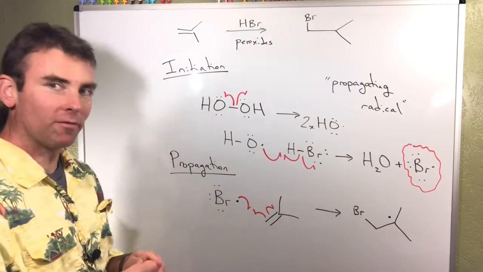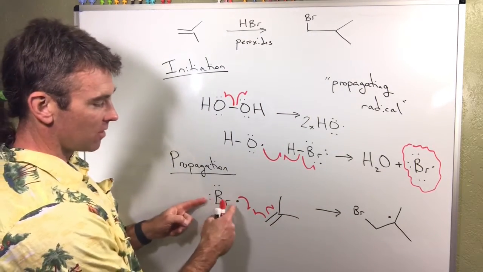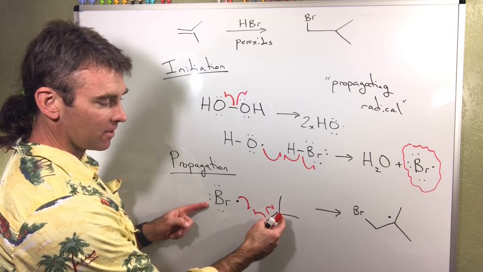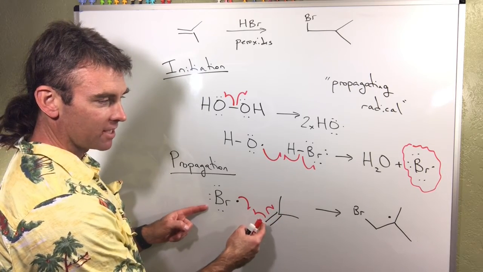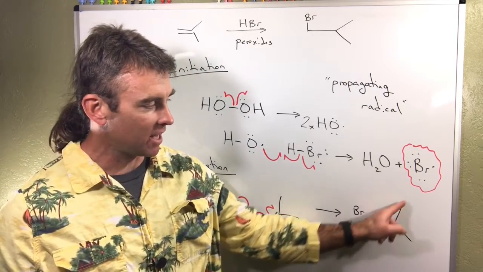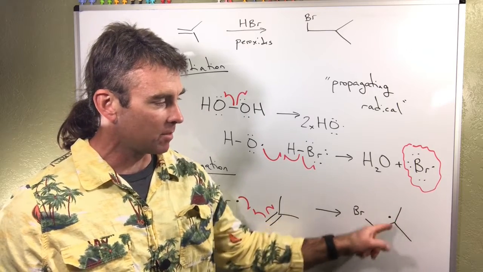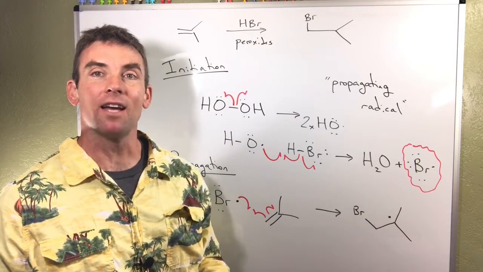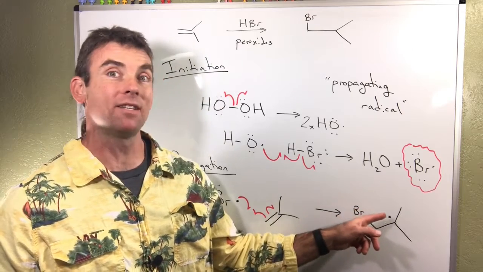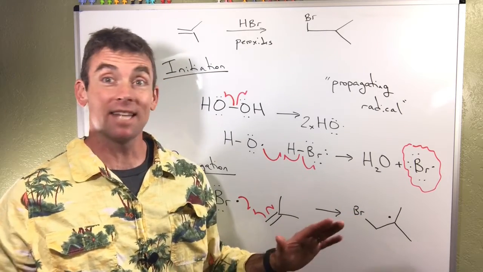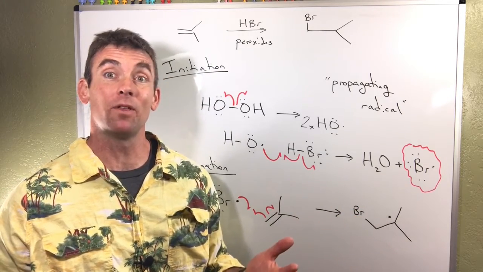Just like we saw before, we could have either had the bromine attack this carbon or the other carbon. It turns out, though, that this species, because of the more carbon species being present there, tends to stabilize that lack of electron density a little bit better. Same exact case for carbocations, if you remember those.